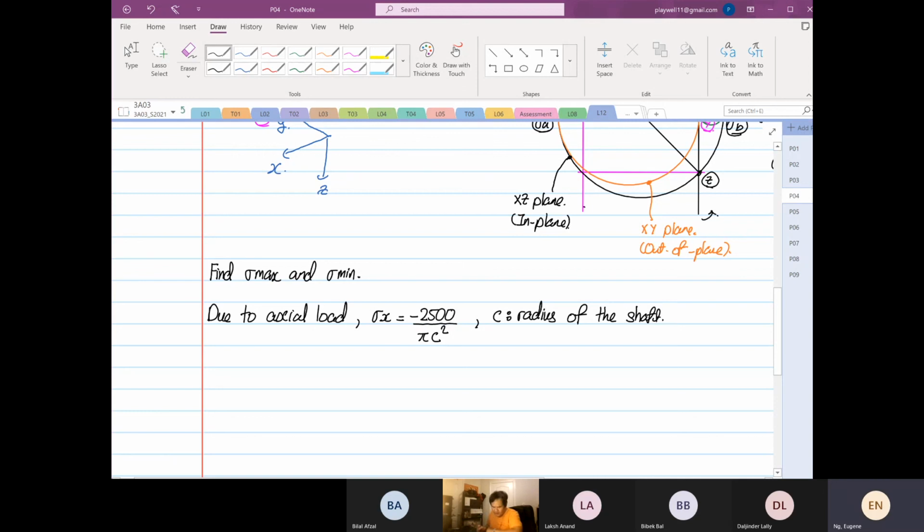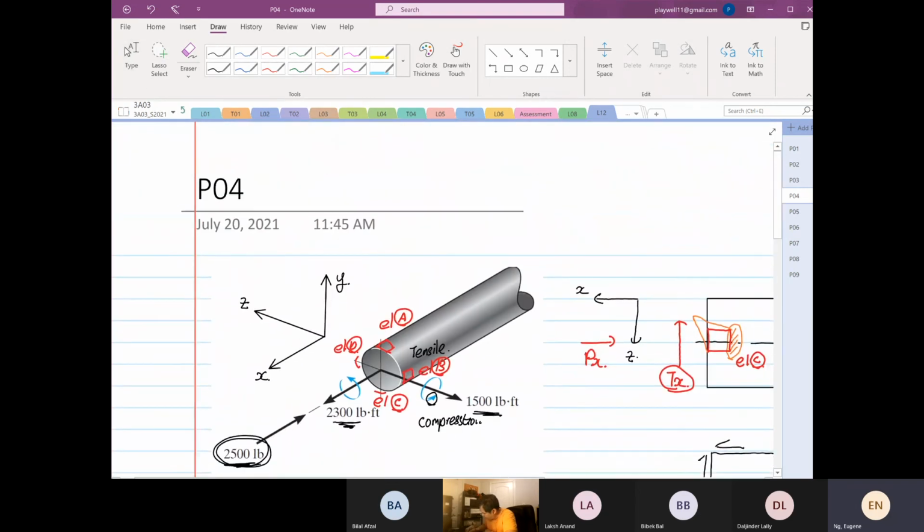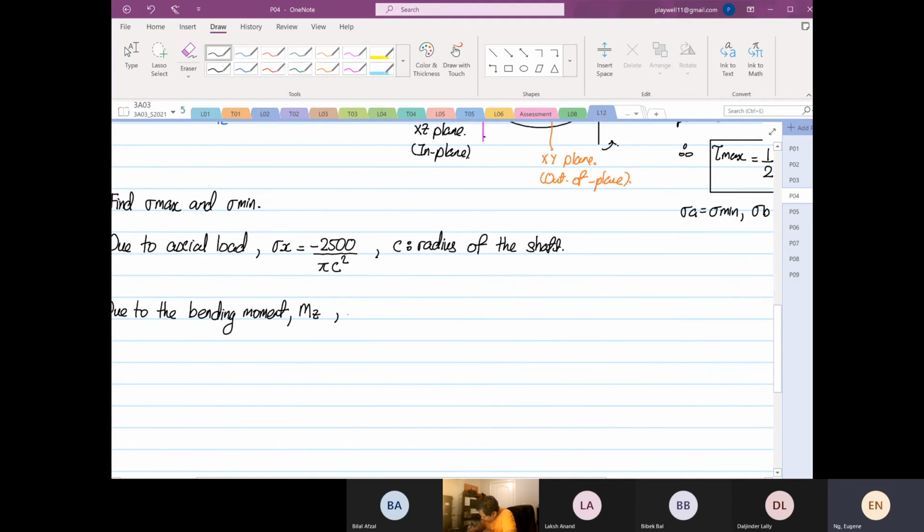Then we're going to find, due to the bending moment, which if we go back is due to the moment about Z, stress X is equal to Mz over Izz multiplied by C. So Mz is equal to minus, now it's in compression, so it's minus 18,000, multiplied by C, divided by Izz, which for a circle is pi over 4 C to the power 4.